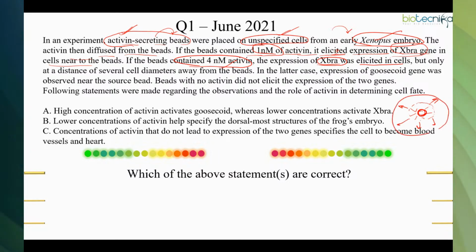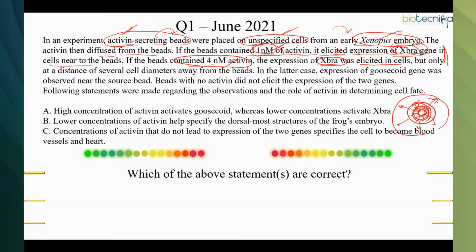Okay, so basically what do we get to know from here? That 1 nanomolar activin and 4 nanomolar, one is lesser. When it is lesser, then the XBRA gene activation was near the beads. That means at a low concentration of activin. But when you had increased the concentration, obviously from the beads, higher concentration will be released. But in those cells, XBRA was not elicited.